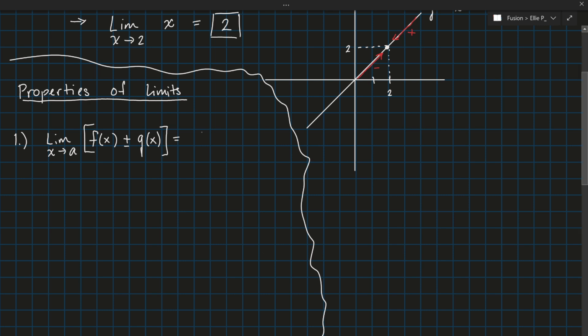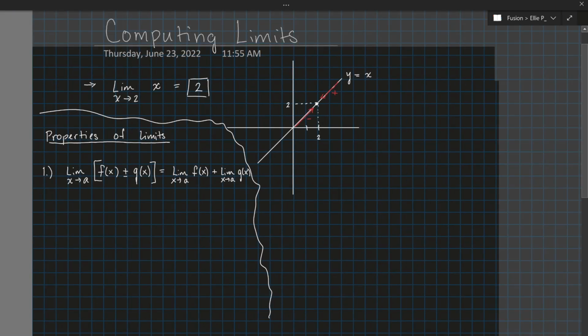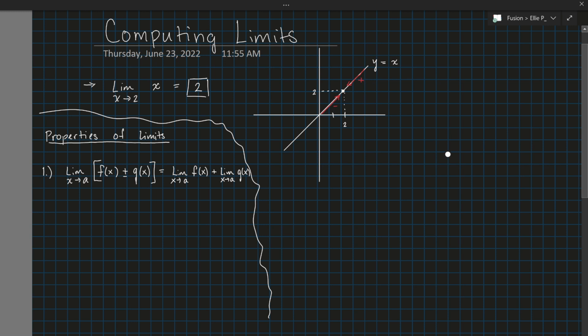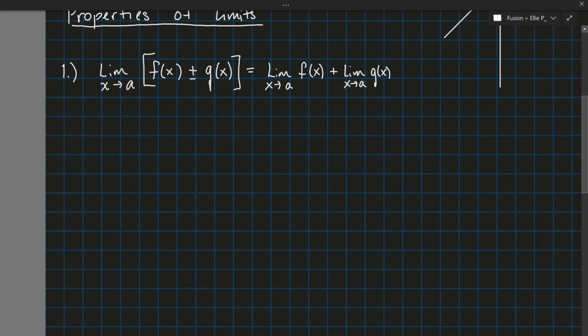Then the limit is simply the limit as x goes to a of f of x plus or minus the limit as x goes to a of g of x. Let me rearrange this. I'll put a box around it later. Okay. So that sort of makes sense, right?